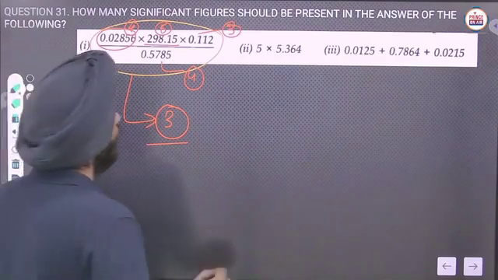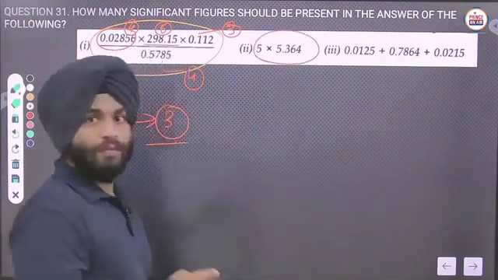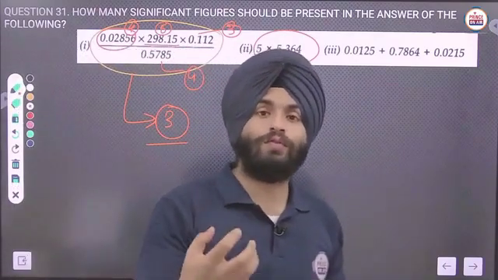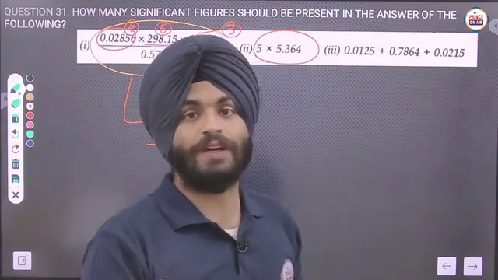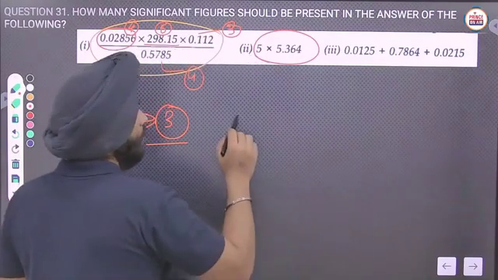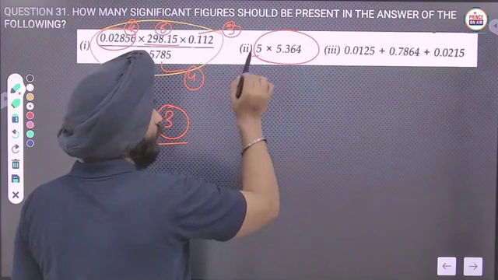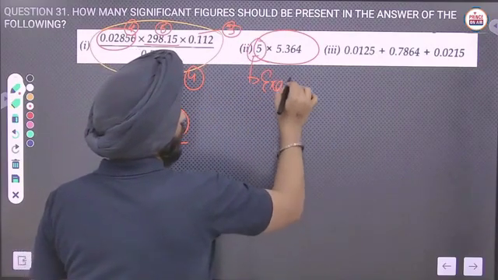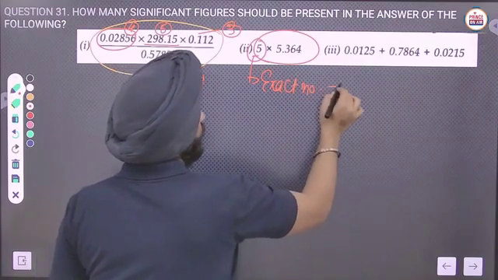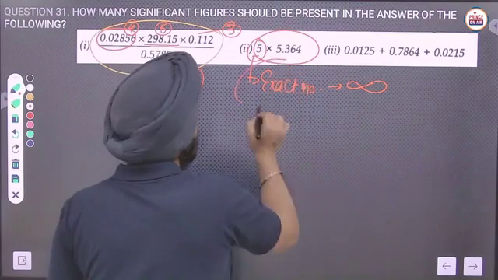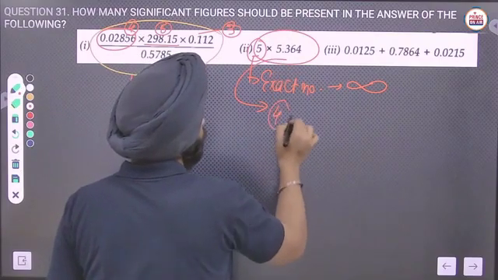Now in this case, once again multiplication is there, so we focus on the minimum significant figure. Does the number have minimum significant figures? No, because it is an exact number, and an exact number has infinite significant figures. So the answer comes out to be 4 here.